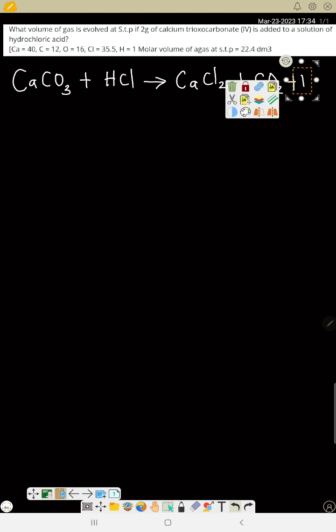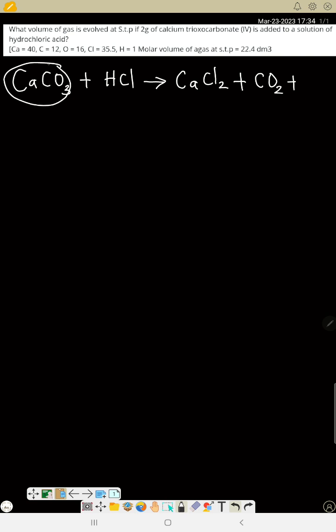So this is calcium carbonate reacting with hydrochloric acid to give calcium chloride plus carbon dioxide and water, H2O. So how can we balance the equation now?